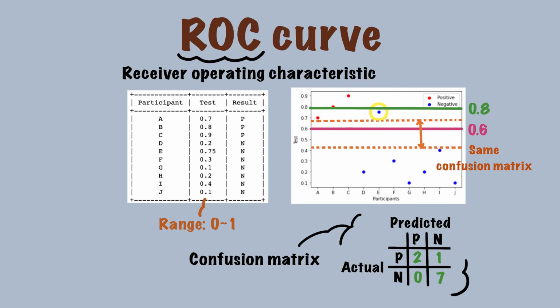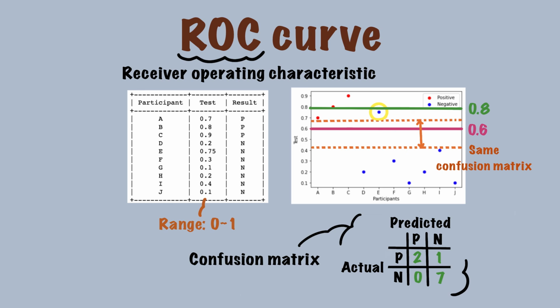The orange area here, which is roughly from 0.4 to 0.7, doesn't contain any data. No matter you choose 0.45 or 0.5 or 0.65 as the cutoff, the resulting confusion matrix will be the same. Thus, we can save the computing time by only considering the cutoffs that make difference.